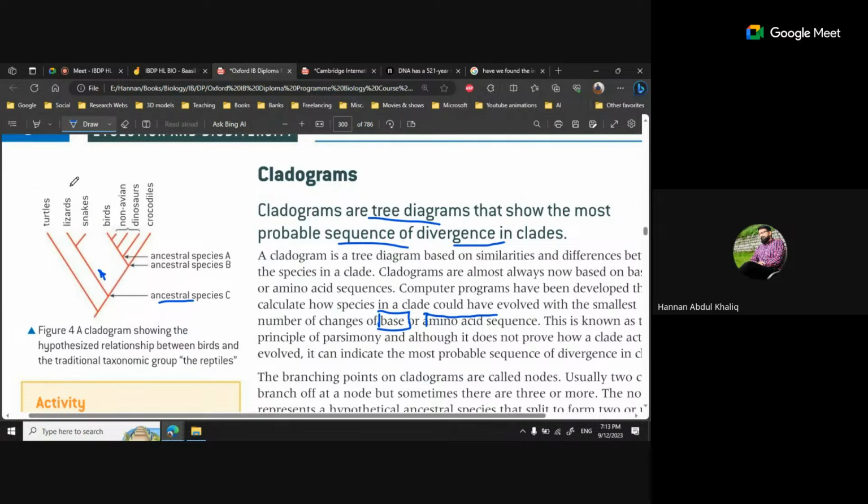So lizards and snakes are there, and the rest are the ancestral species for birds and mammals, maybe, because maybe this ancestral species B is for crocodiles, and the ancestral species A is for dinosaurs, non-avian dinosaurs, and birds. And then maybe someone here would also be an ancestral species for the mammals.